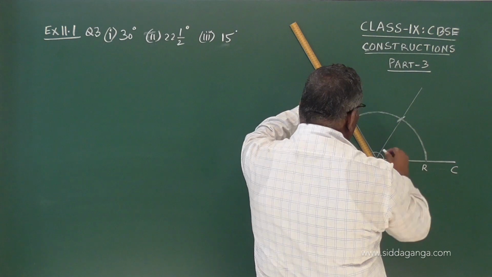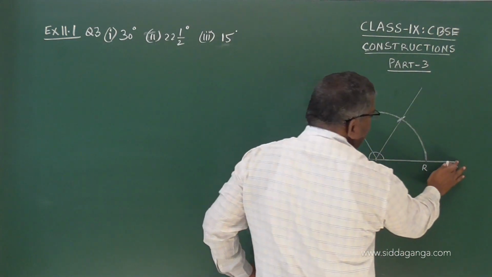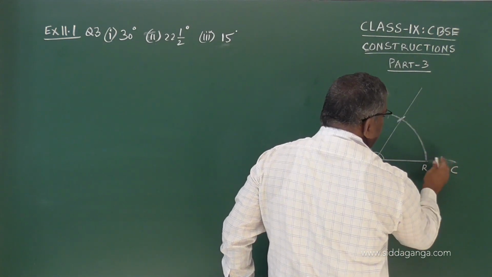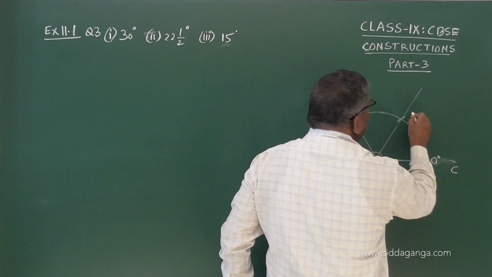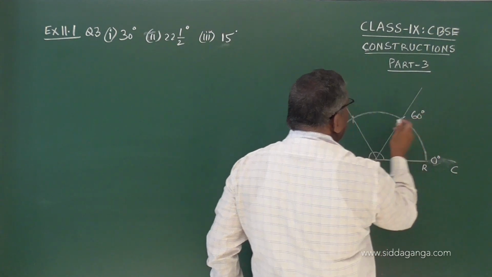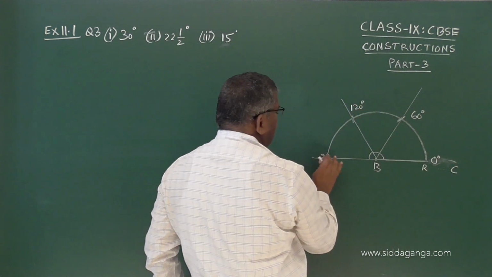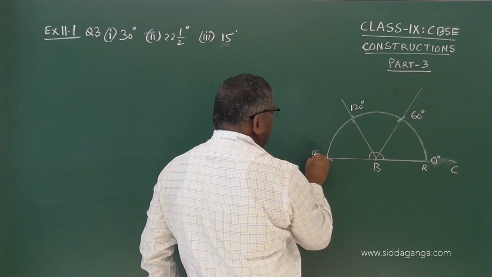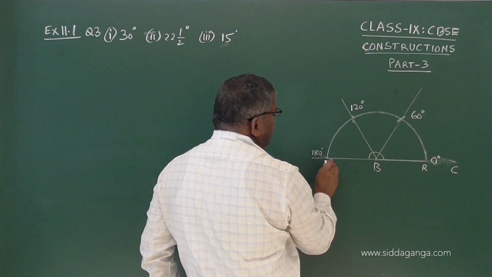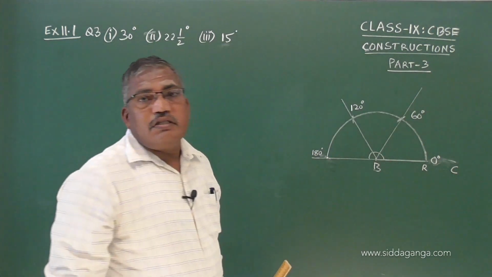Now you can confidently say, if this is 0 degree, this is 60 degree, this is 120 degree, and this is 180 degree. So with this you will understand how to construct angles.